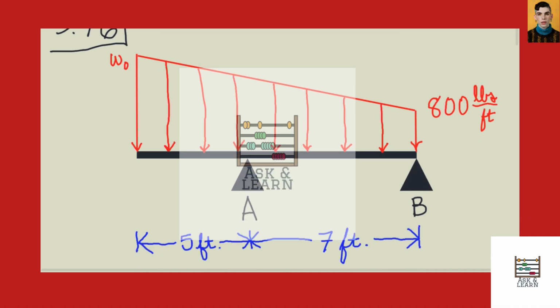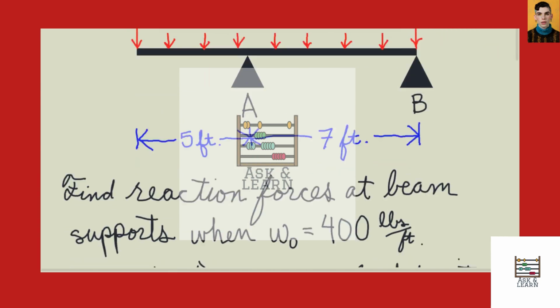We are asked to find the reaction force at supports A and B given their location along the beam at 5 feet from left and 12 feet from left, so the span between them is 7 feet.